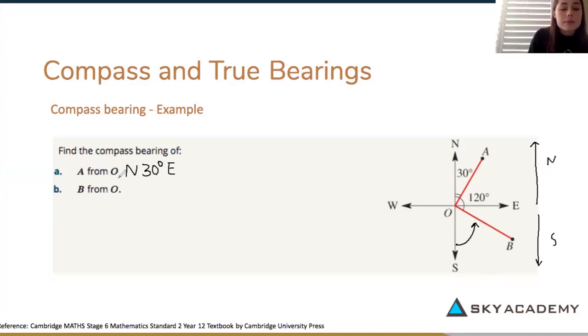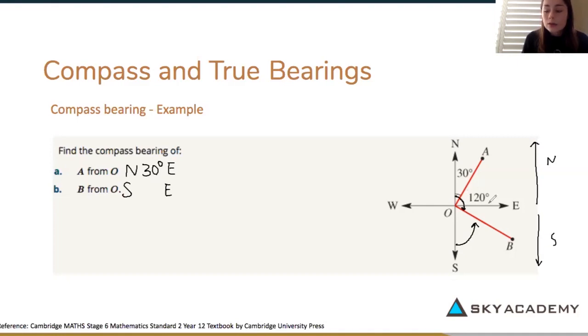So I am south, and I know I'm traveling in an east direction, so I know my E is going to be my second letter. But now I need to figure out how far east I am from south if I'm standing at the point B.